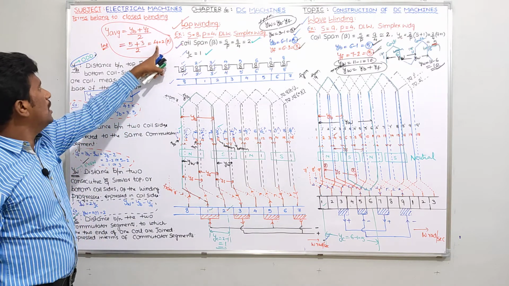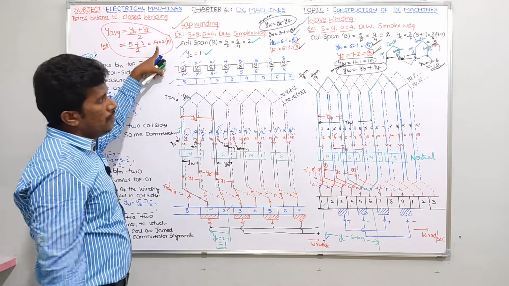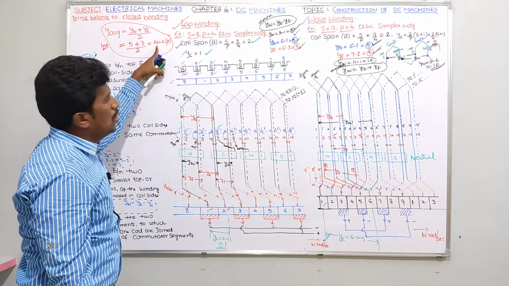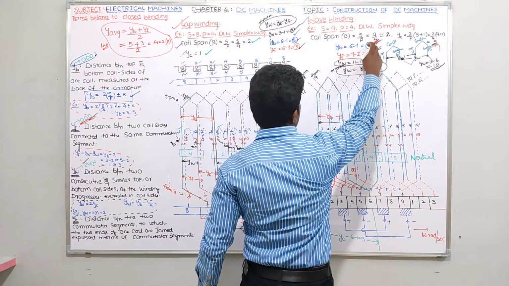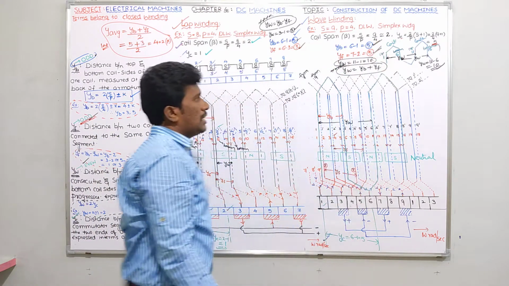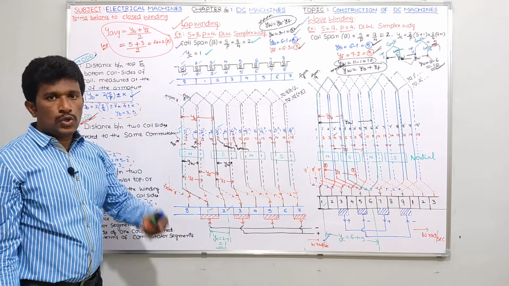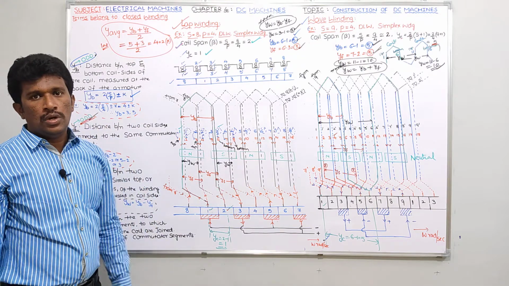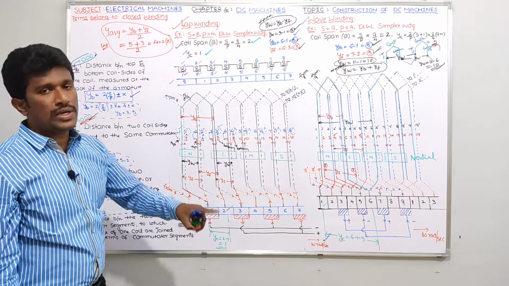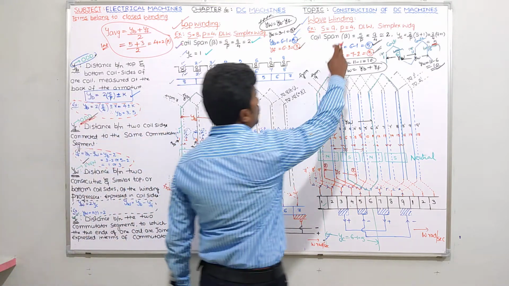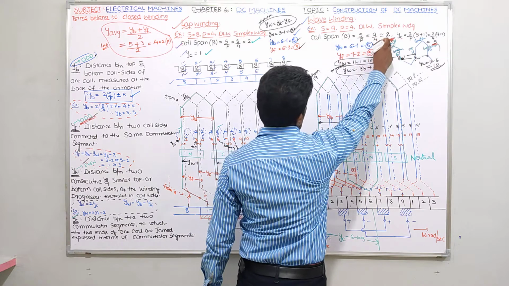If you want, you can check that one also. Okay, so YB plus YF means 5 plus 5, which is 10 by 2. You'll get 5. That 5 is approximately equal to 2 times the coil span. 2 into the coil span, what is the value here? 2.